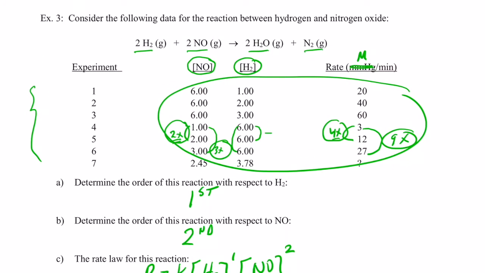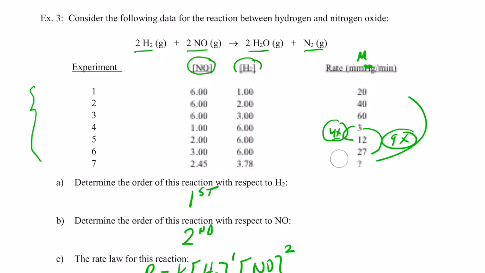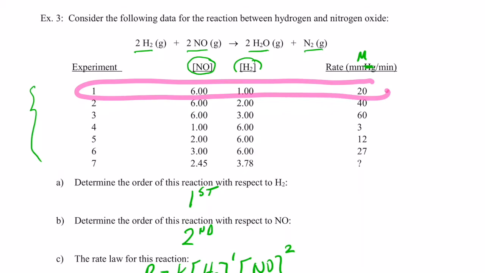That's right, I like to use the first experiment. So let me clean some of this up a little bit so we can see it better. And we'll highlight the first experiment's data. So I know the rate and the concentration of NO and H2.